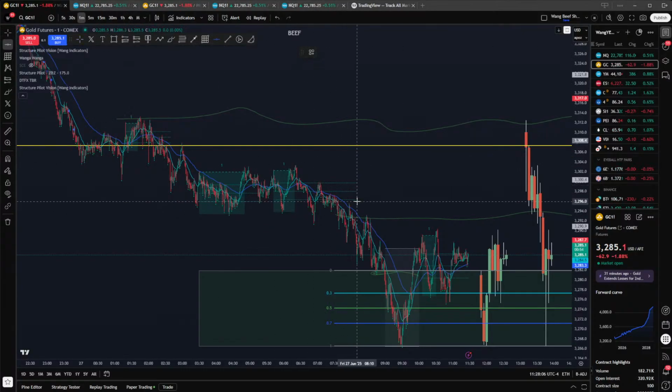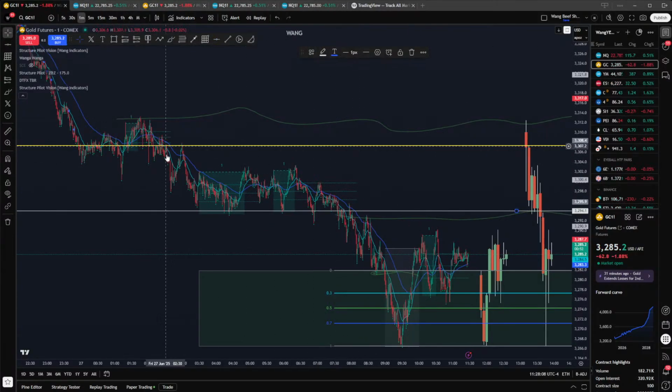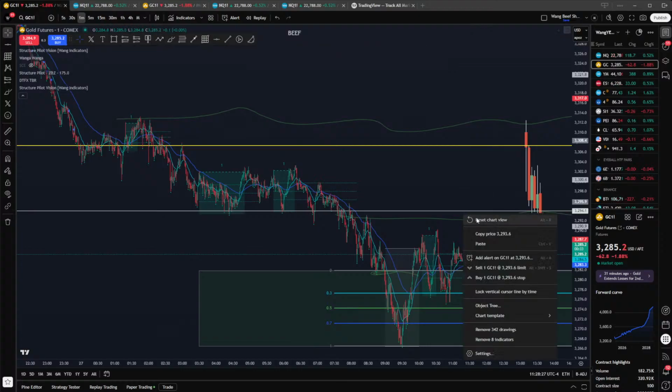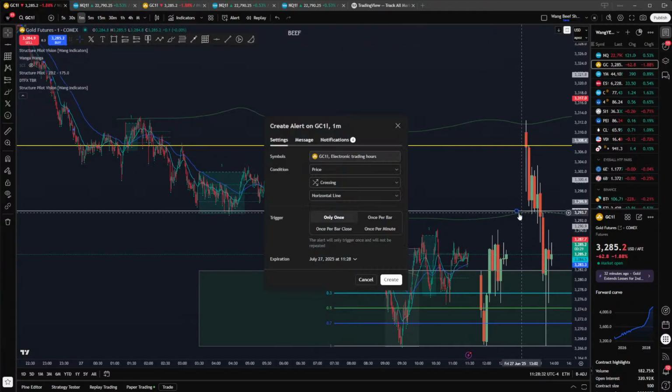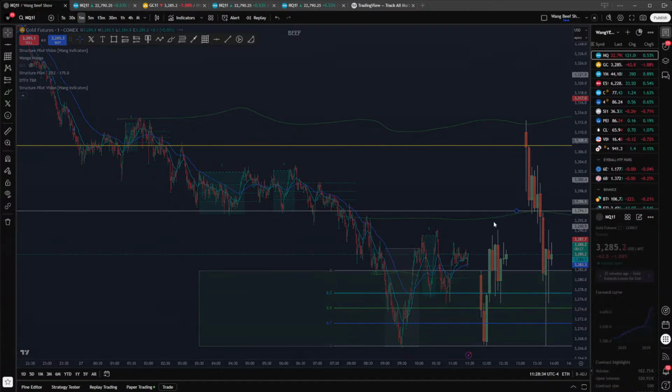First target would be this here, and if we can close above the white bar that's here, we'll end up seeing this high right there. Alright, so we will just monitor it. Let me put an alert on this. Yeah, and come back to NQ.